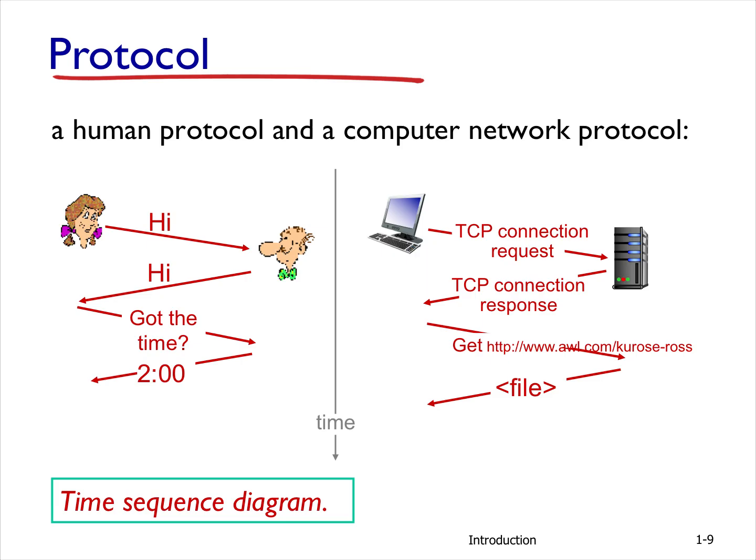Typically when we draw this, we are looking at a particular layer, right? The HTTP is kind of the application layer, right? While the TCP is something called the transport layer, okay? So typically when we look at a protocol, we are just more interested in what happens at a particular layer of protocol, so a single protocol.